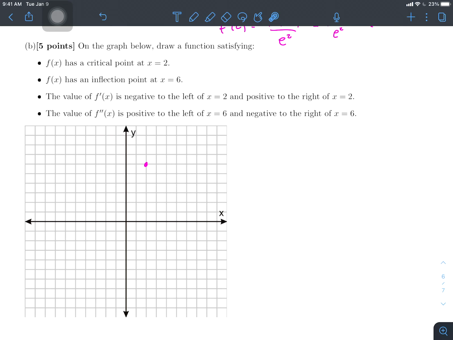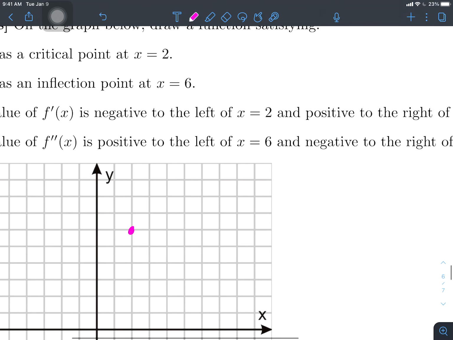So it could be a minimum or a maximum, and the way we figure out which is by looking at what the derivative is doing to the left and to the right. They say the derivative is negative to the left and positive to the right. So f prime negative means f is decreasing, and f prime positive means f is increasing. So f is decreasing to the left and increasing to the right.